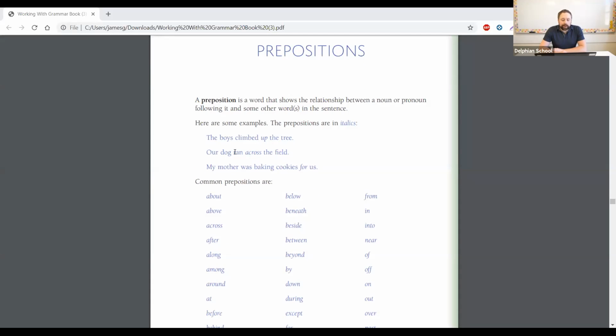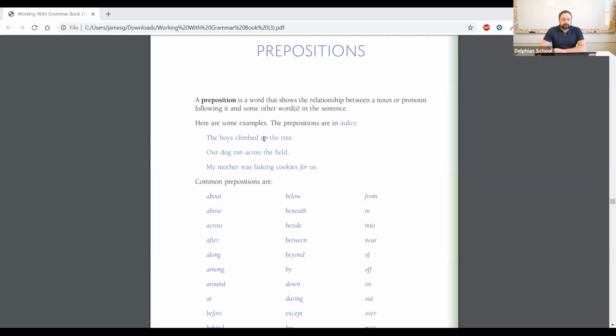Our dog ran across the field. My mother was baking cookies for us. So each one of those words there, up, across, and for, is a word that shows the relationship between a noun or pronoun following it and some other word or words in the sentence. So here, up the tree.